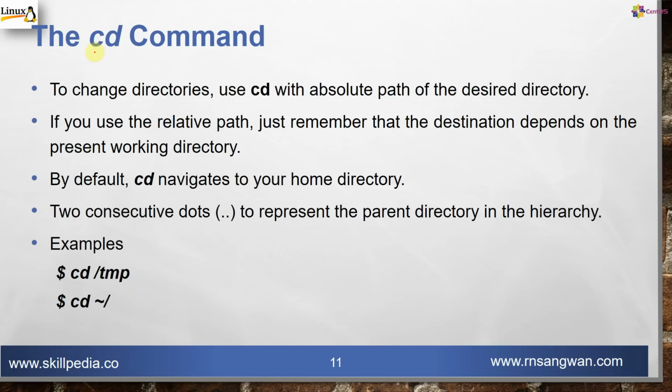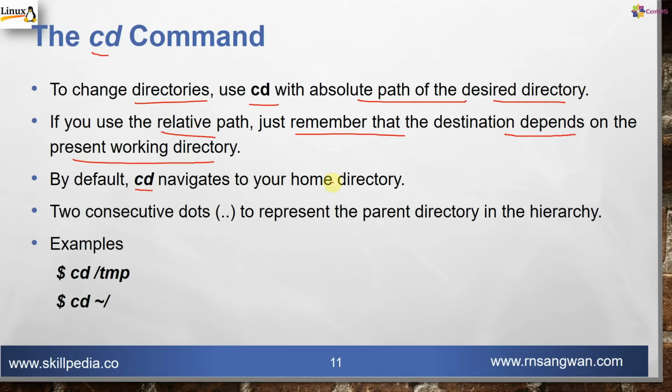The cd command, I demonstrated this command to change directories. Use the cd command with the absolute path of the desired directory. If you use a relative path, just remember the destination depends on the present working directory, because you have to type it with respect to the current working directory.